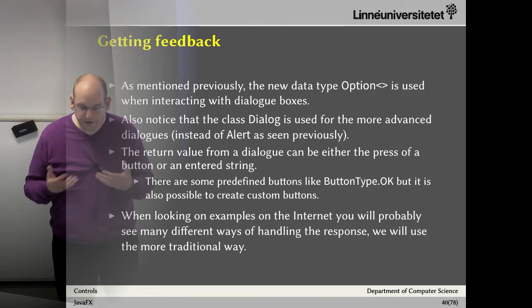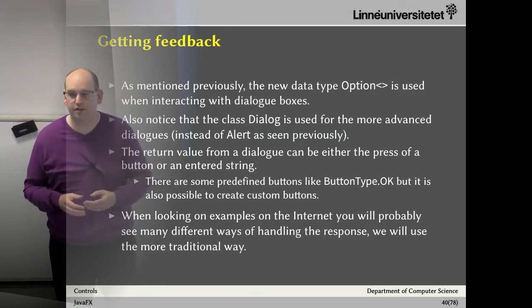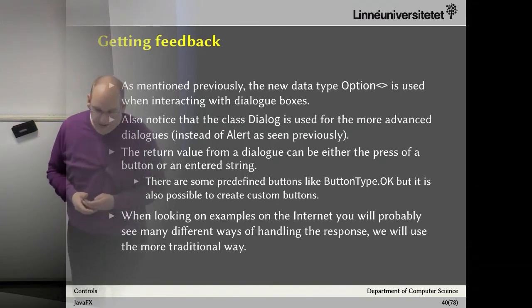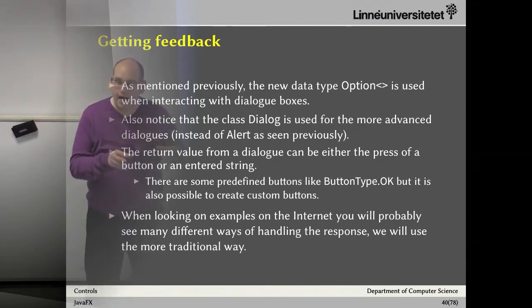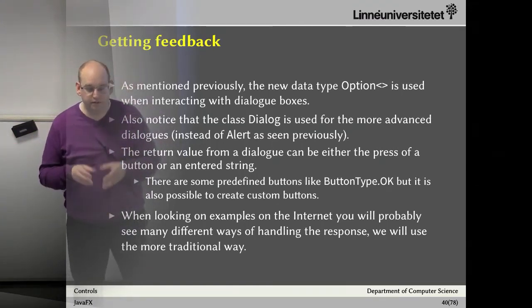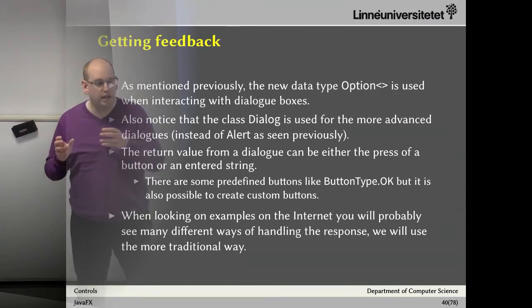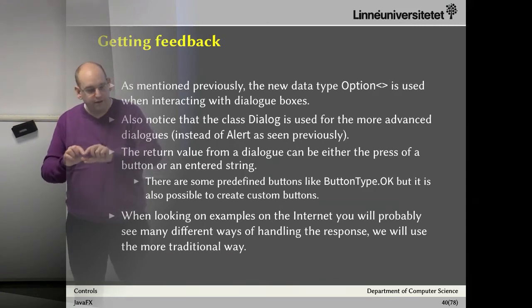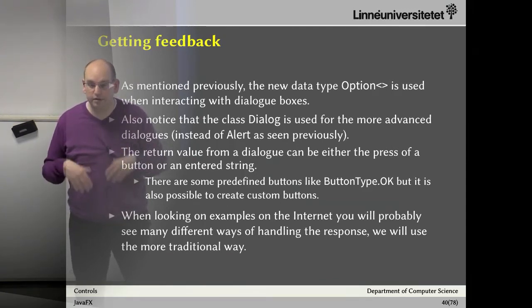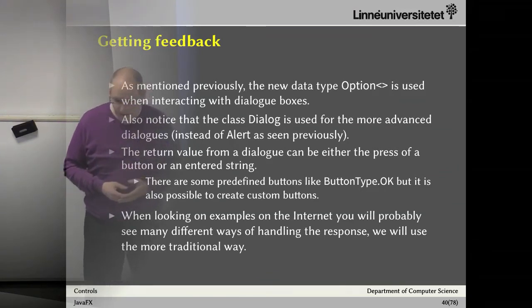And there are some predefined things like type button OK, and we'll see text in just a while, so not to worry. But we can also have different buttons like OK, cancel, and we can define our own buttons, so we can have an array of buttons with different types that we define.